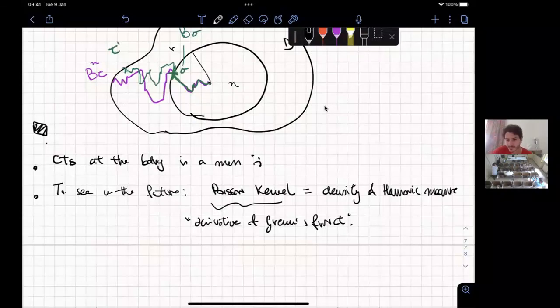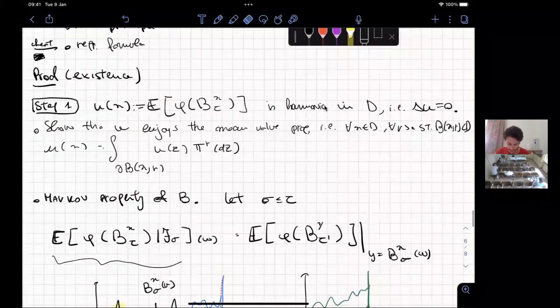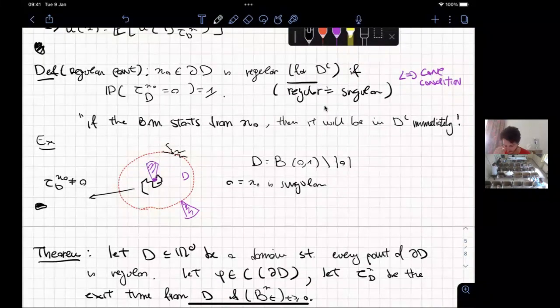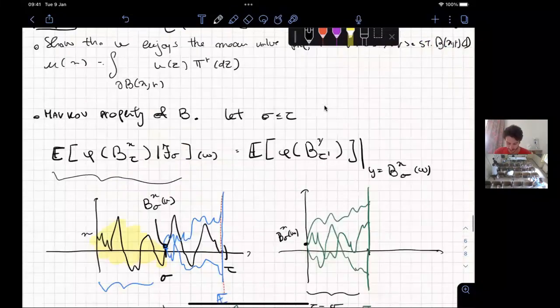Just before the theorem, you made kind of an example. Could you please explain it again? I have some doubts about it. Yeah, of course.